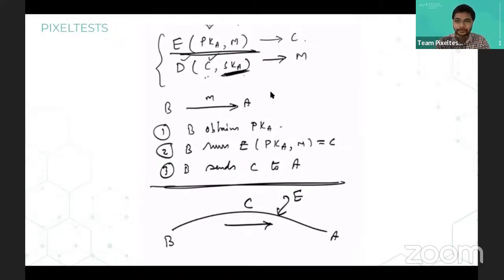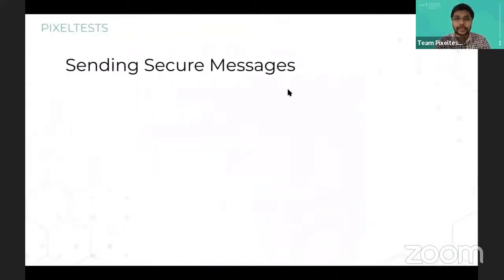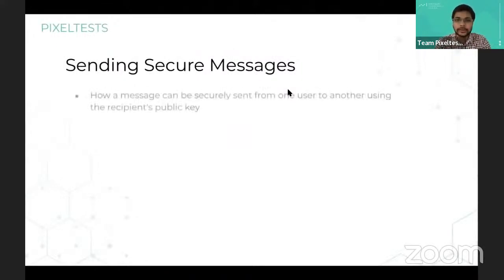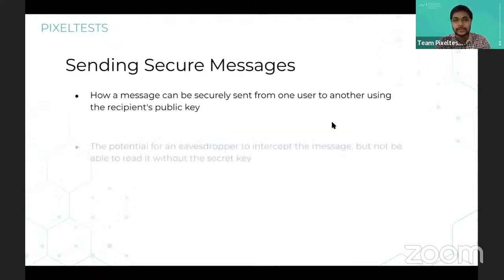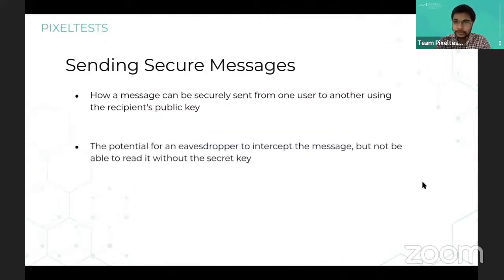Thank you so much, Sanket. Okay, so I hope this is clear. Amazing, right? So now how do you send secure messages? We have seen the option. Now how a message can be securely sent from a user: we have understood that if an eavesdropper is trying to intercept the message, he'll not be able to read it without the secret key.